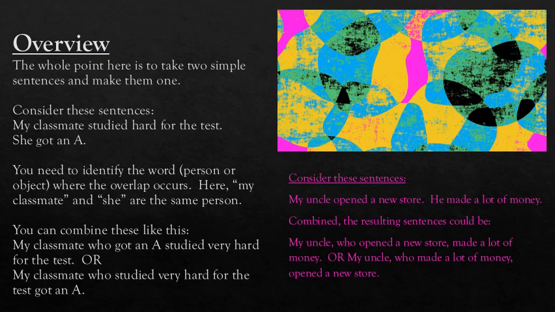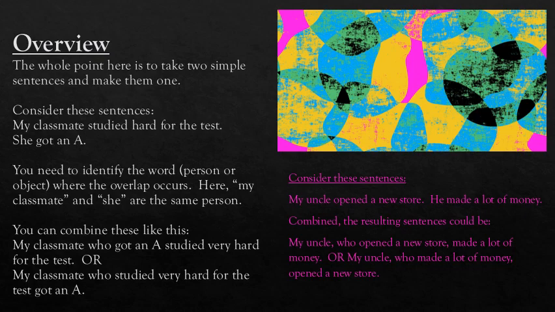So you need a signal word. We're dealing with people, so your signal word should be who. And so now my uncle and he are the same person here. So you need to make one of these sentences dependent. So you're going to substitute the subject, either my uncle or he, with the signal word who.